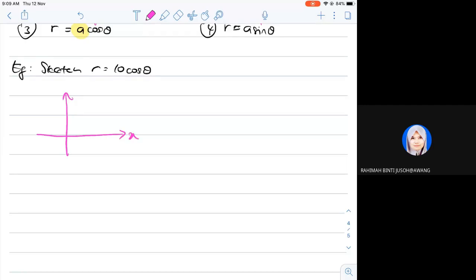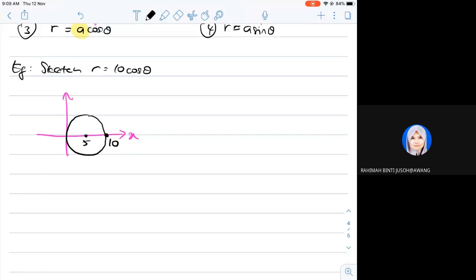So the graph should be located here on x-axis. So just put 10 here. You already get full mark. That's it. Okay, it's very simple. So what's the center here, guys? What's the coordinate? It should be 5. Yes, it should be 5.